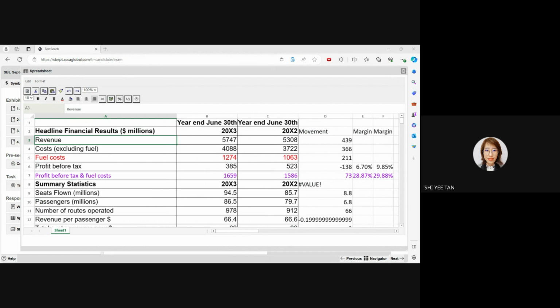Popular with airline customer. Airline customers like the low cost model whereby they can fly from one place directly to another place. Then driven by economic growth. So all this you can put as your reasons why there's an increase in revenue.